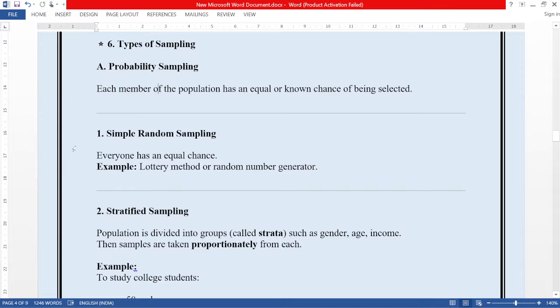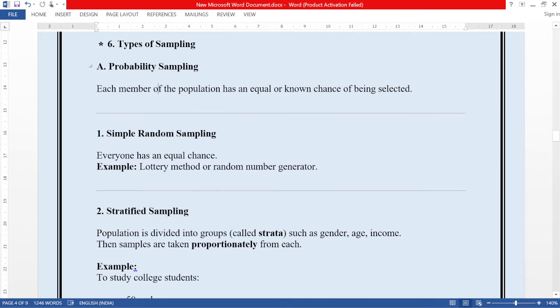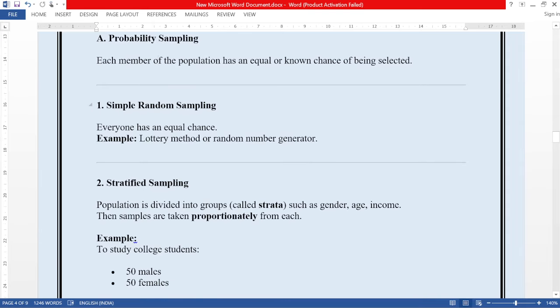Okay, now simple random sampling. So under probability sampling, we are studying it. The simple random sampling: everyone has an equal chance. Example: lottery method or random number generator. So through the lottery method, if we are taking samples, that would be simple random sampling.